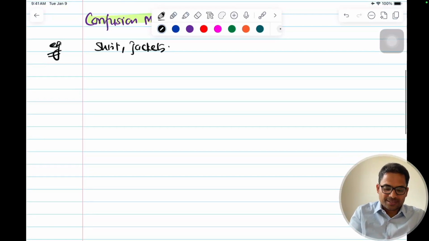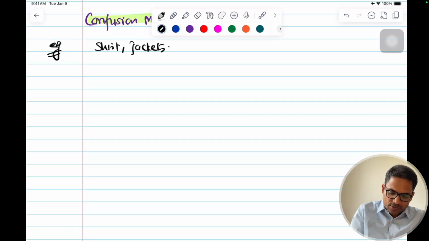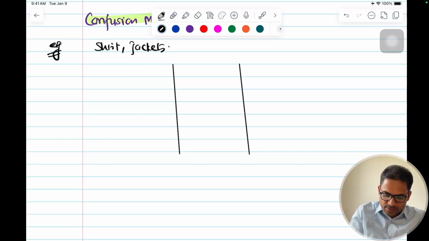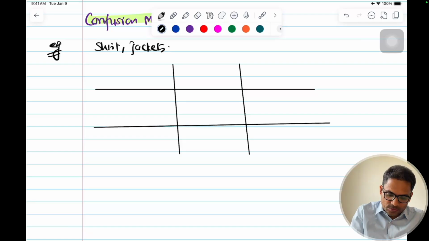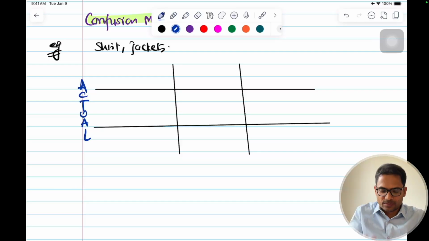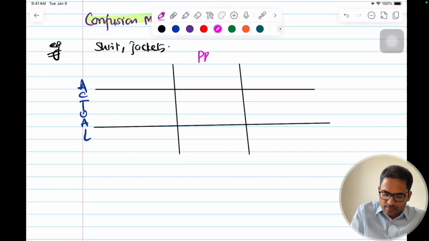So let's understand what happens. Let's draw the matrix. There are two classes. On this side we'll put the actual label, since we know what the image is and it has an actual label, and on this side we'll put all the predicted values.